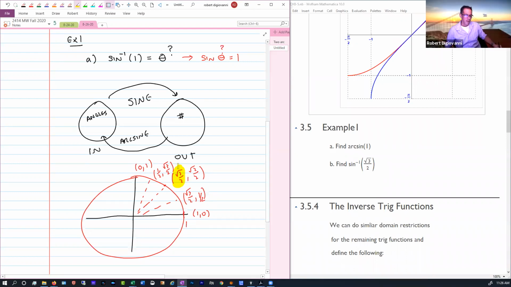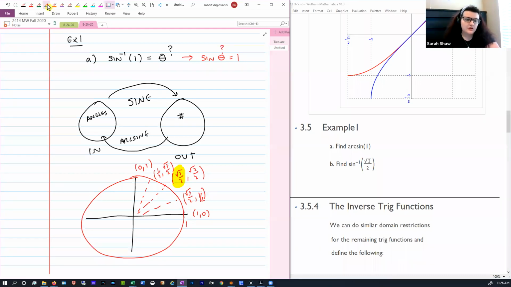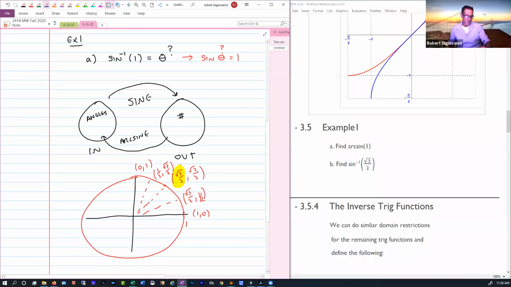Okay. So are you familiar with the idea that on the unit circle, if you go to any arbitrary angle, let's say this is the angle theta, the points on that circle will always be cosine theta, sine theta.